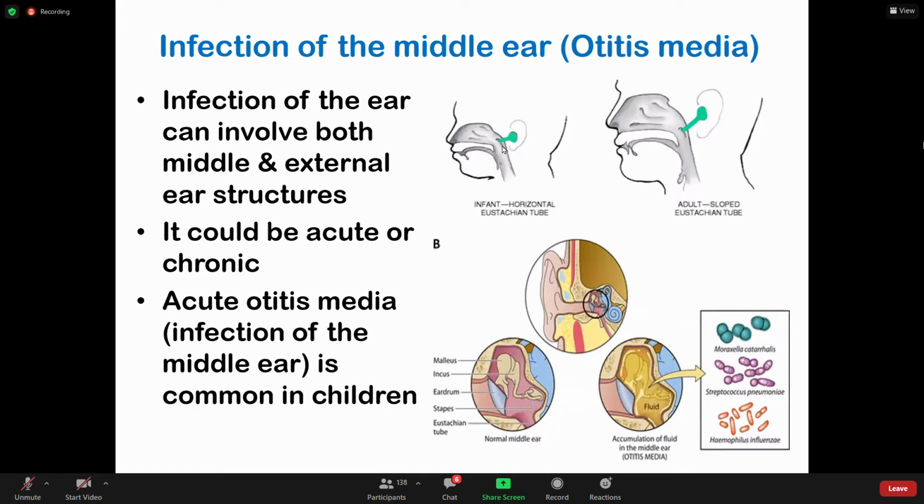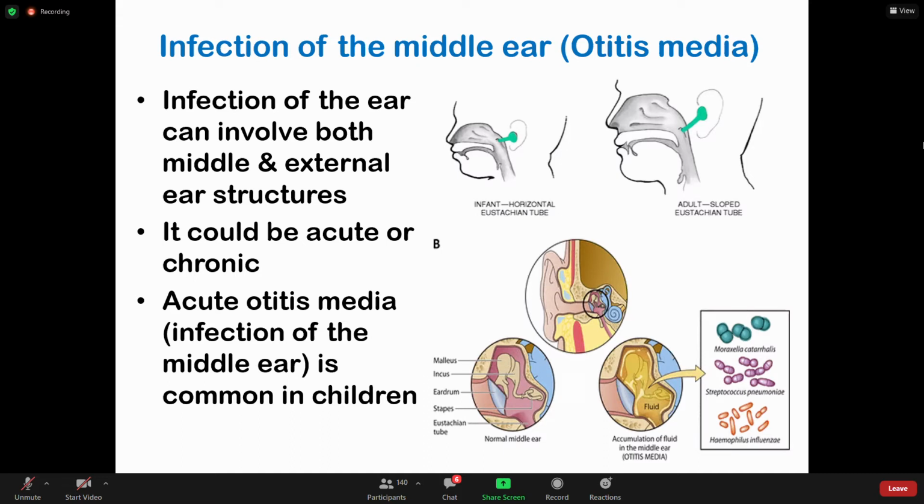structure of the eustachian tube. In children, the eustachian tube is relatively horizontal, whereas in adults, you have a relatively inclined structure. It means in children, it's possible for organisms colonizing the oropharynx and for fluid in this area to drain into the middle ear in a reverse direction.